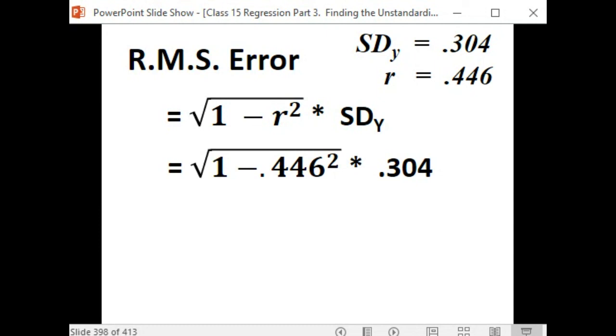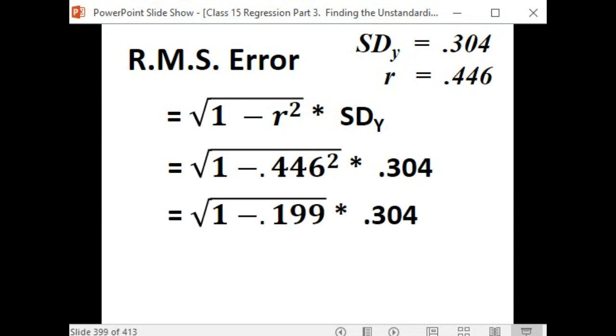Okay, now that we've plugged them in, we just work this out. 0.446 squared is 0.199, so we substitute that. 1 minus 0.199 is 0.801, so we substitute that.